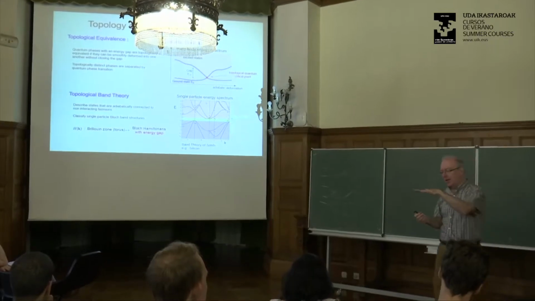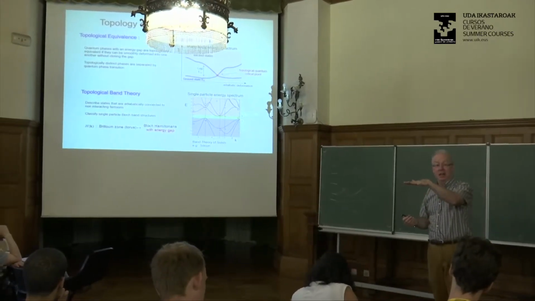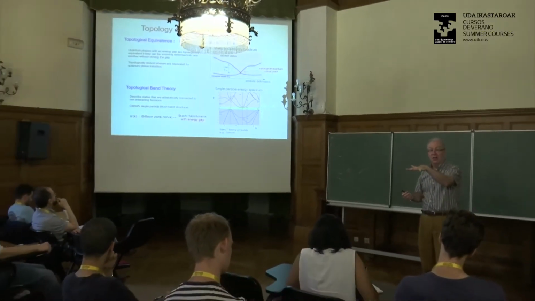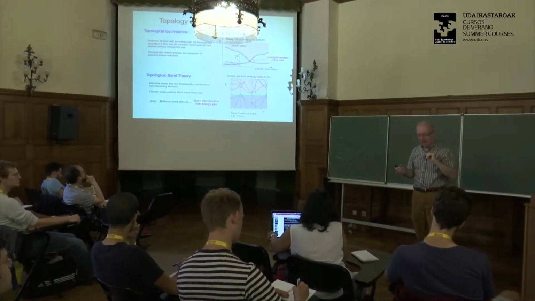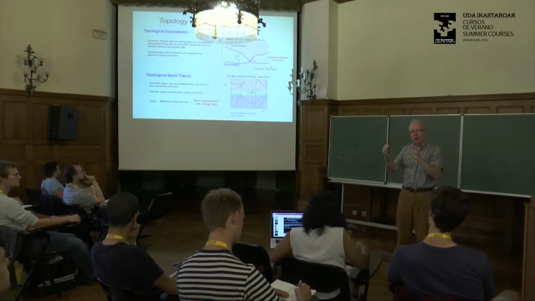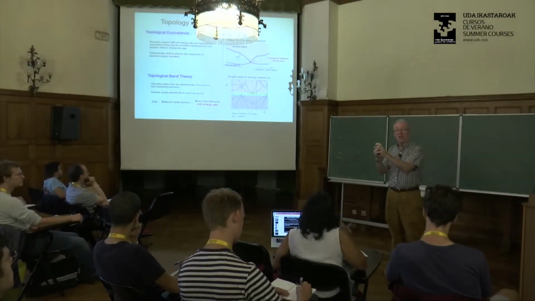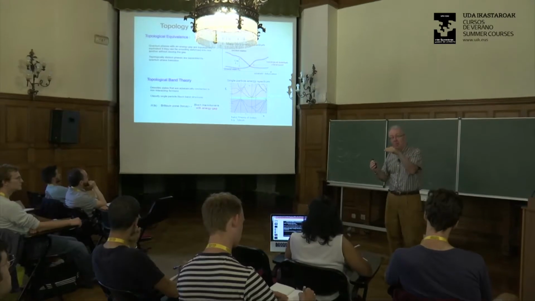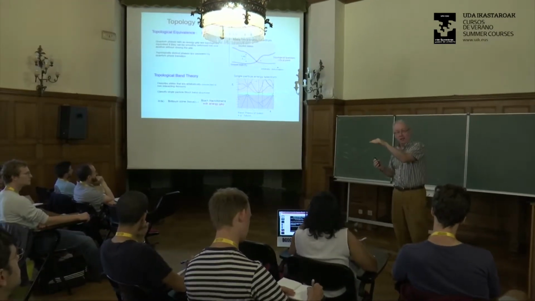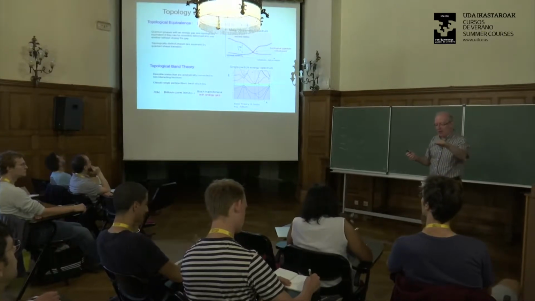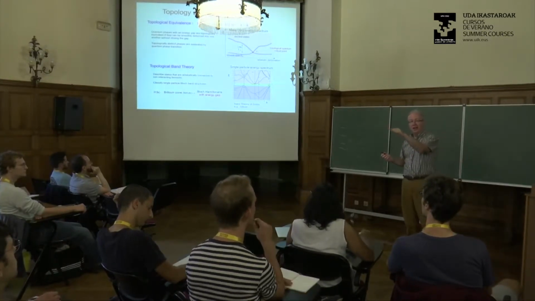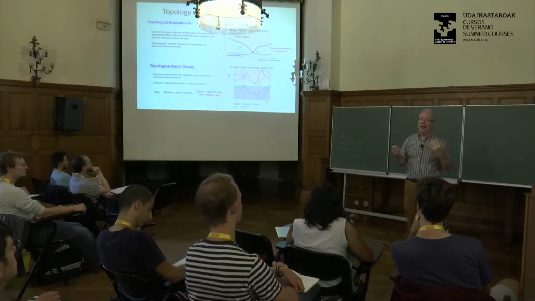Okay, and so if you have an eigenstate, a many-body eigenstate of your system that's separated by an energy gap from all the other eigenstates, then you can imagine very slowly deforming this, changing the Hamiltonian, and the system will follow that ground state adiabatically.